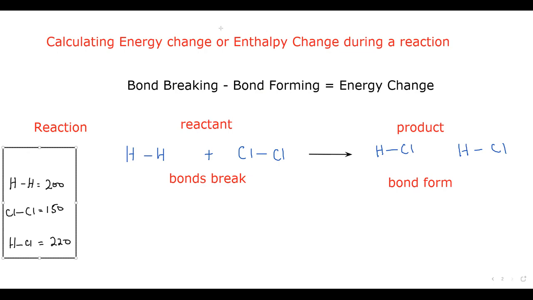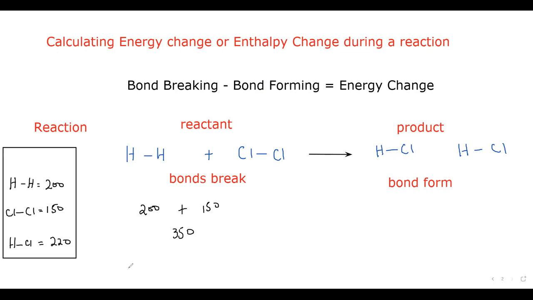So how do we calculate the energy change during a chemical reaction? First, the bond breaking side: we have hydrogen, hydrogen, which is 200. Plus chlorine, chlorine, how much energy is there for chlorine bonded with another chlorine? That is 150. So 200 plus 150, the bond breaking is 350. What about the bond forming?